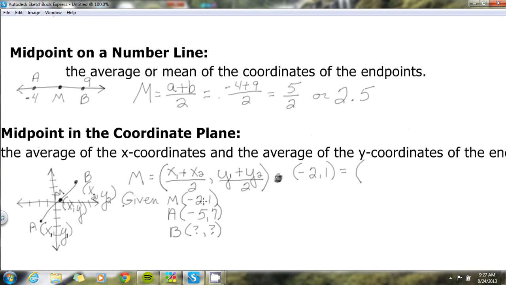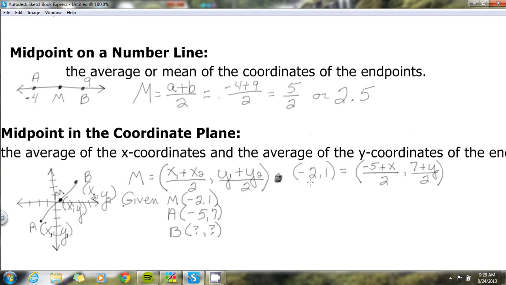We know the x-coordinate of A, it's negative 5. We do not know the x-coordinate of B, so we're just going to put x for the other endpoint. We divide it by 2. We know the y-coordinate of A, which is 7, but again we do not know the y-coordinate of B, so we just put y, and it's divided by 2. So we've used our formula to substitute in what we know.